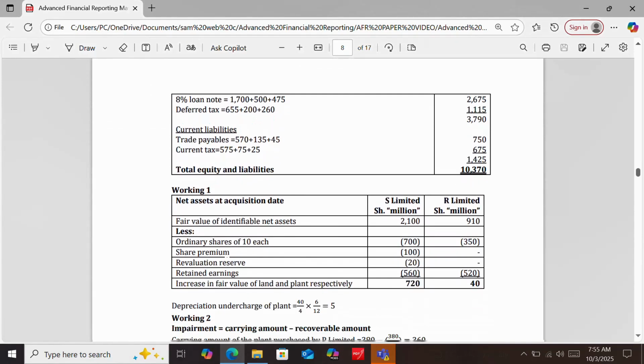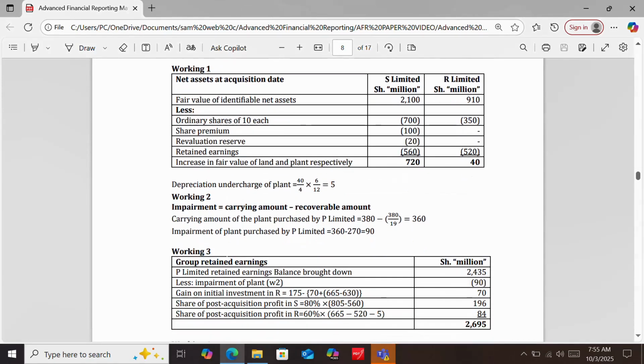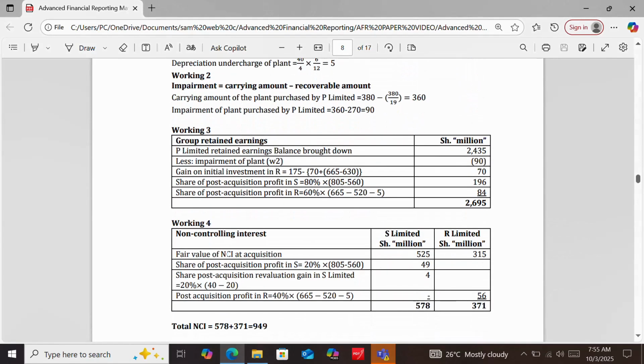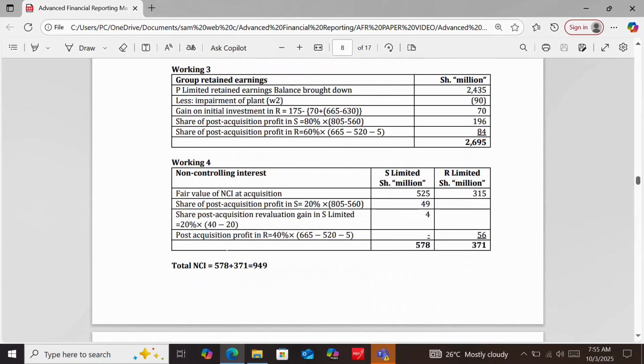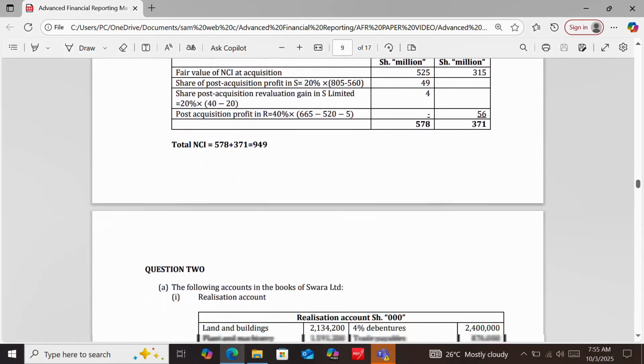Then we have working 1, working 2, working 3, working 4. So up to working 4.